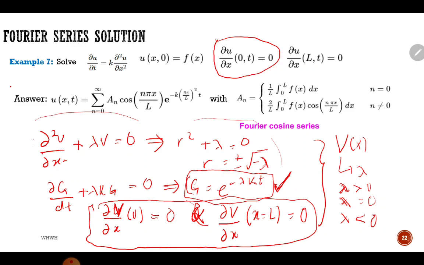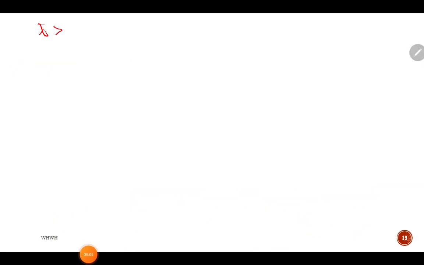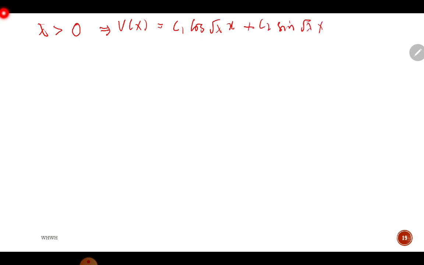So now let's check each of the three conditions here for lambda. For lambda more than 0, the possible solution is still the same, which is V(x) equals C1 cos root of lambda x plus C2 sin root of lambda x.